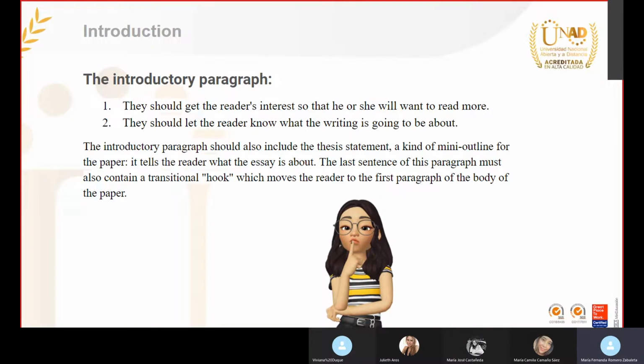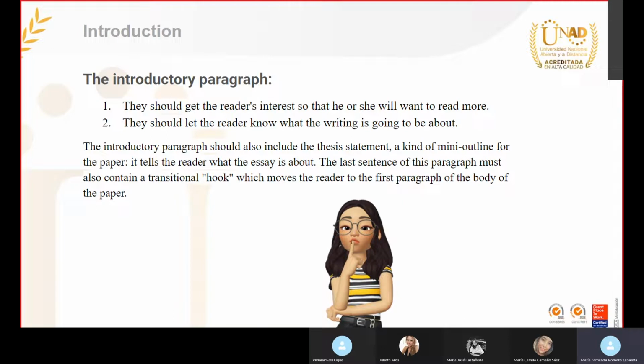So the introductory paragraph is just one. It should get the reader's interest so that he or she will want to read more. So you will want to maybe use a common phrase, or a quotation, maybe something said by a famous person, something that catches the attention of the reader and makes him want to keep reading the text.